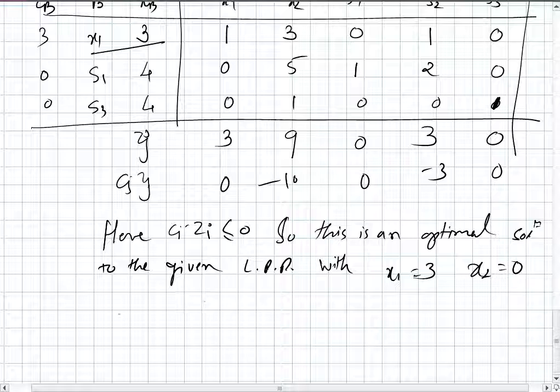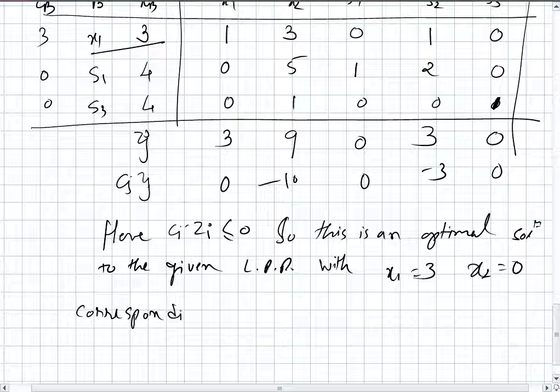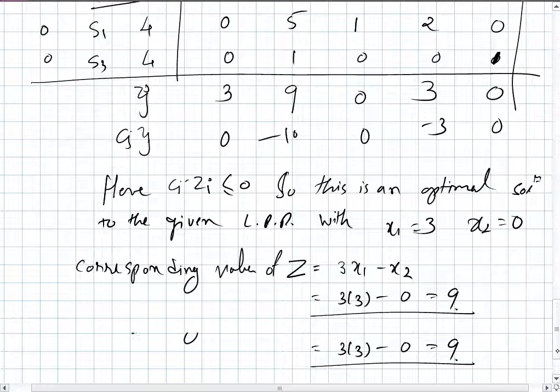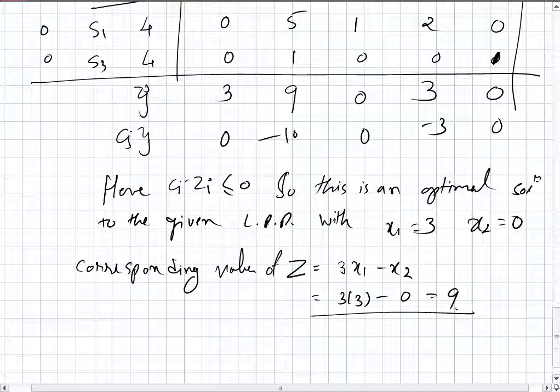The corresponding value of z is 3x1 minus x2, that is 3 times 3 minus 0, that is 9. So the optimal value of z is 9, and we have reached the optimal solution.